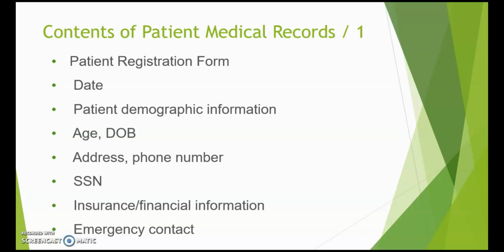Now, when we're talking about patient medical records, what are the main things? This goes back to the various assessments we discussed in this semester. So important information: patient registration form, date, patient demographic information, age, date of birth, address, phone number, social security number, insurance, financial information, and emergency contact. And these, of course, all connect with other topics we discussed before, including advanced directives, guardianship, and so on and so forth.